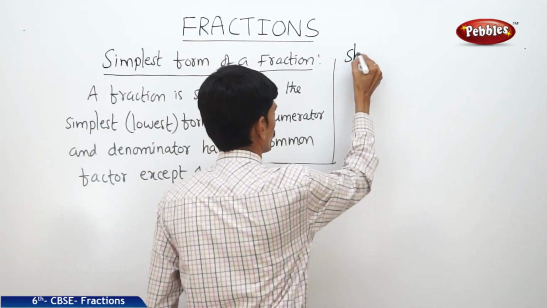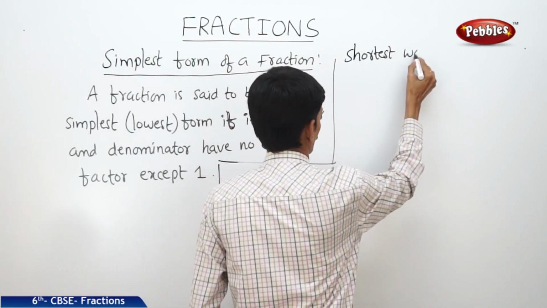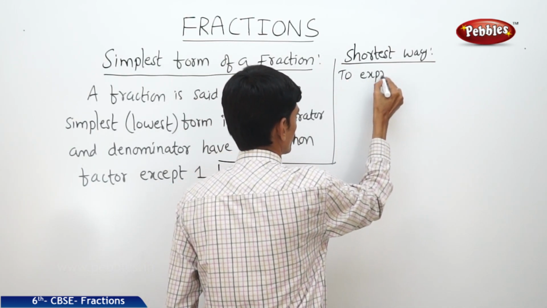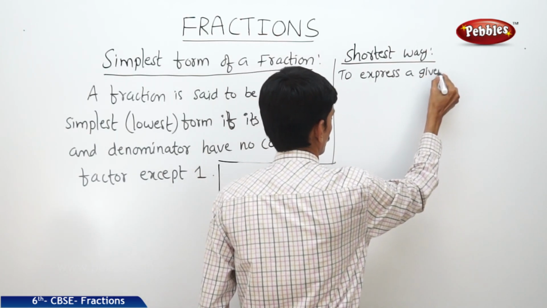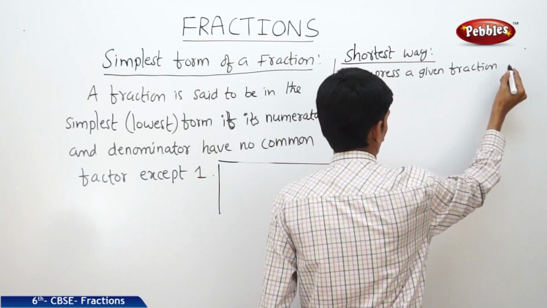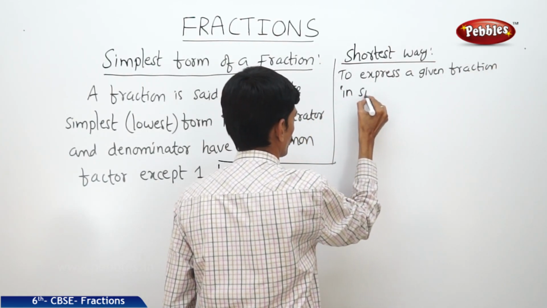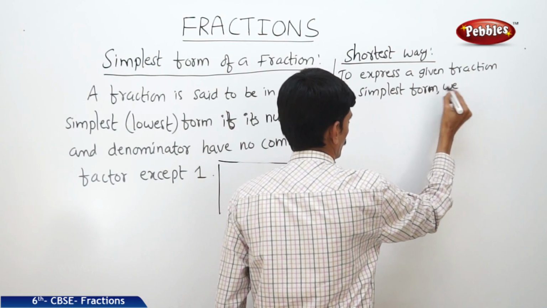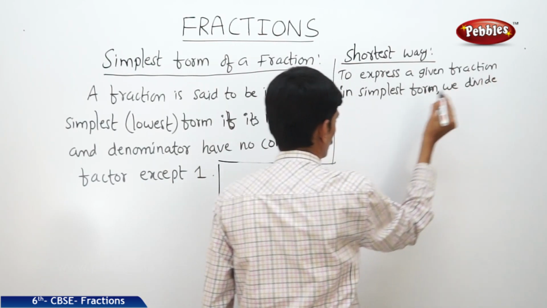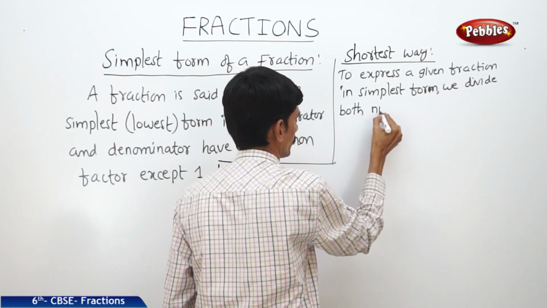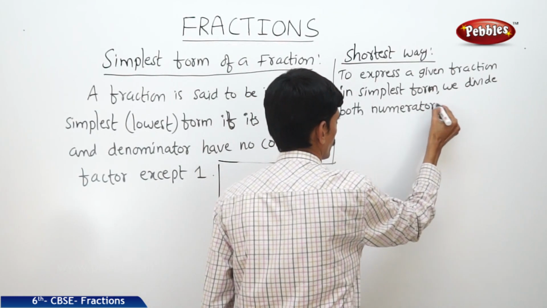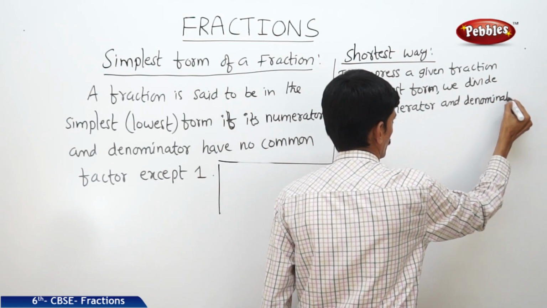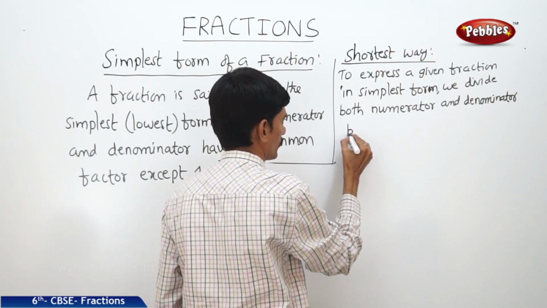So to express a given fraction in simplest form, we divide both numerator and denominator by their HCF.